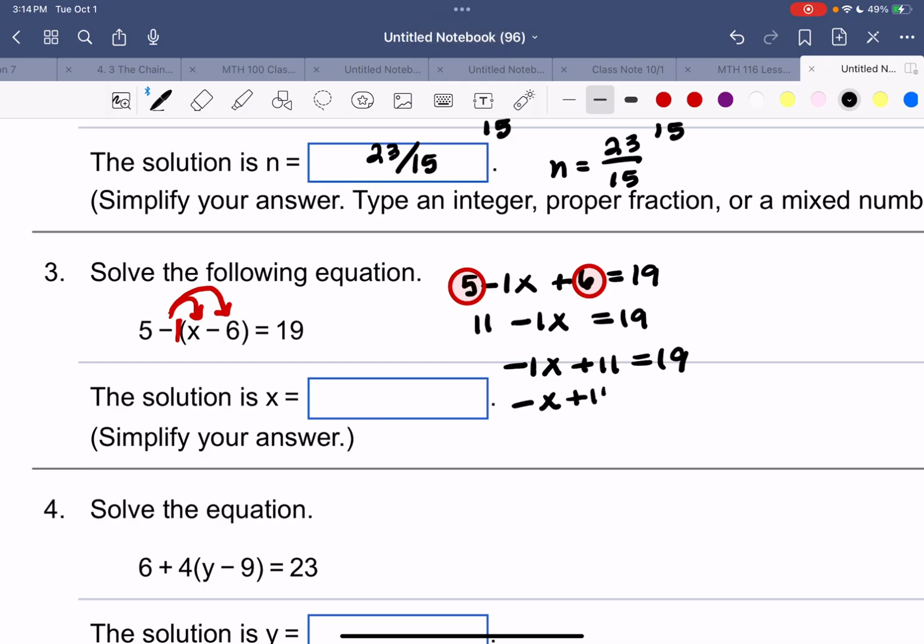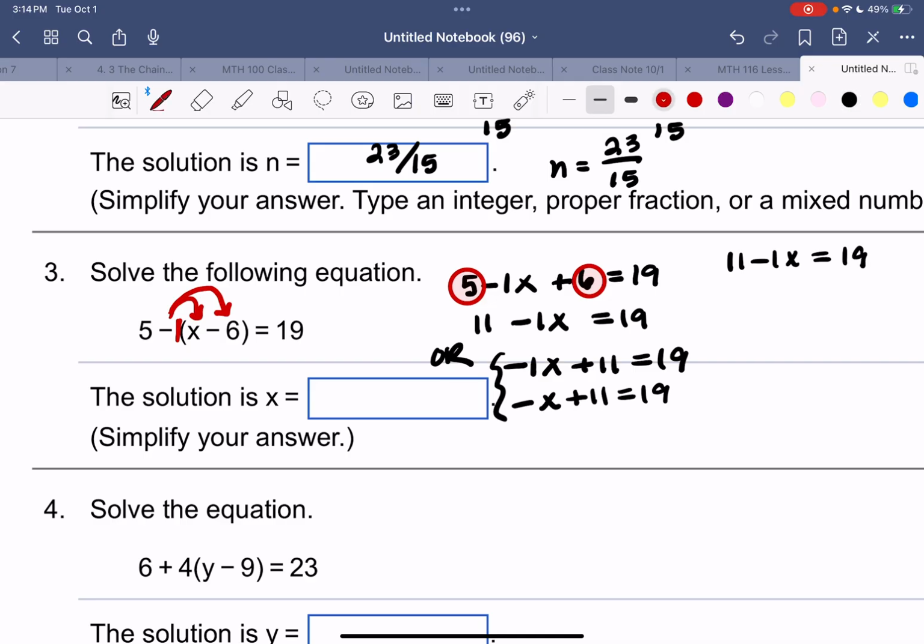But my experience is if you write that negative 1, at least when you're learning to do this, it's a lot easier in the end to solve it. So I'm going to take that first version that I got, 11 minus 1x equals 19.